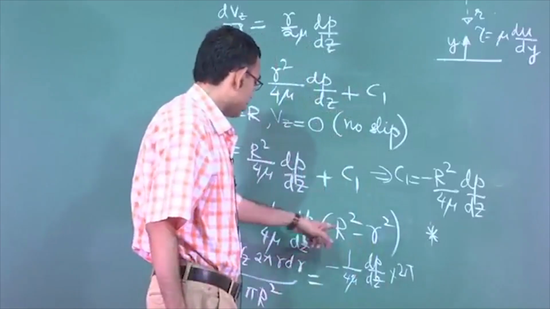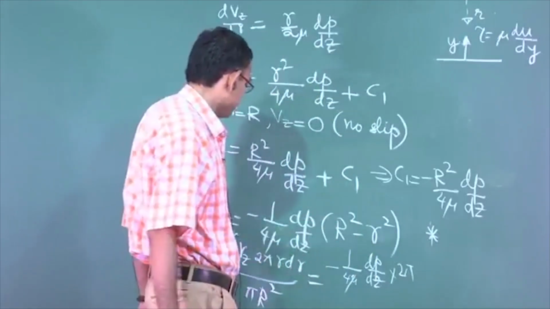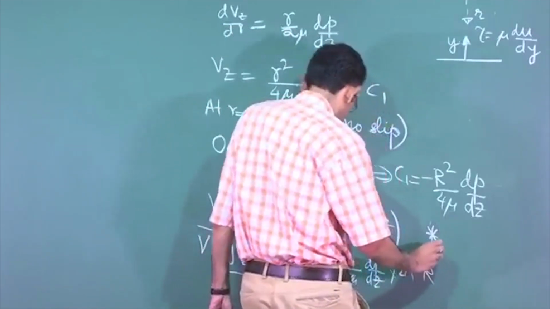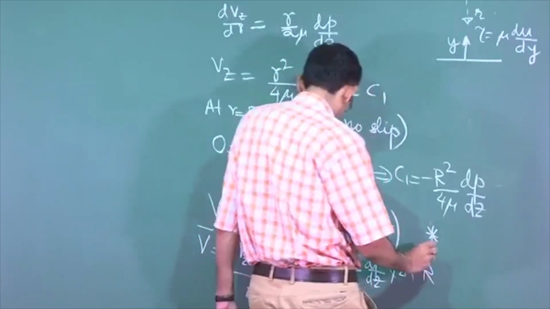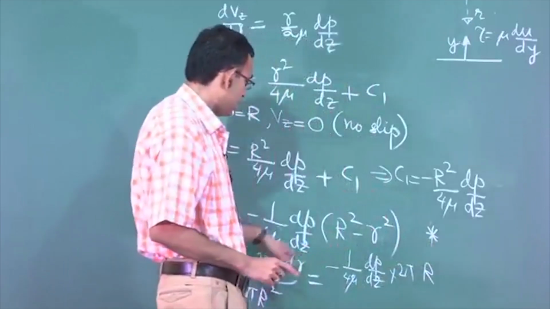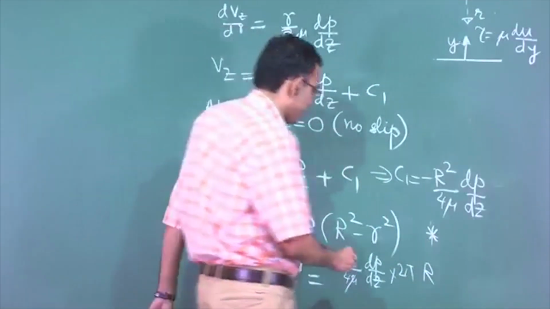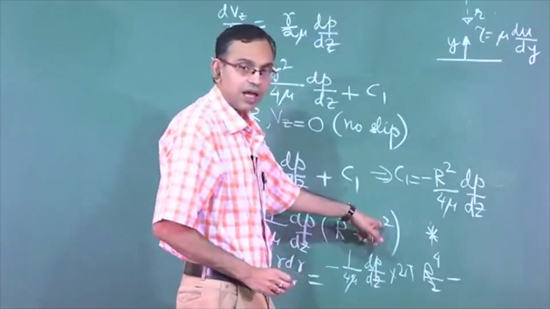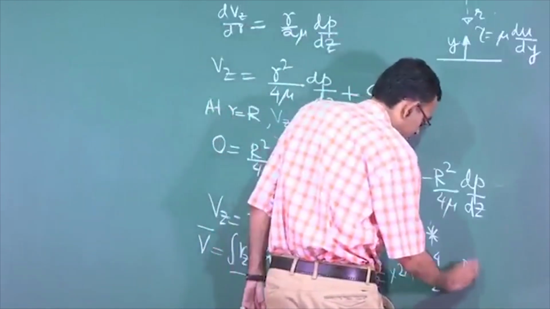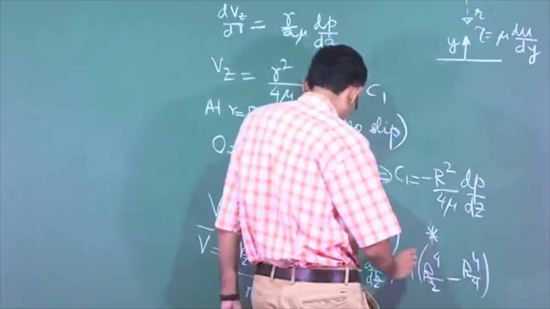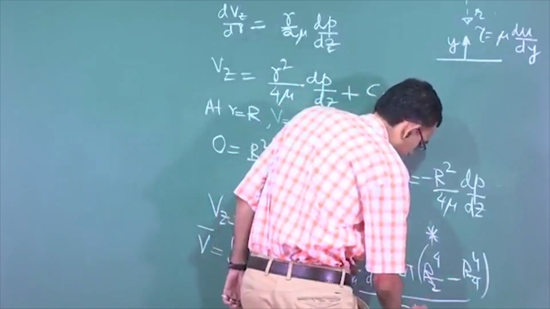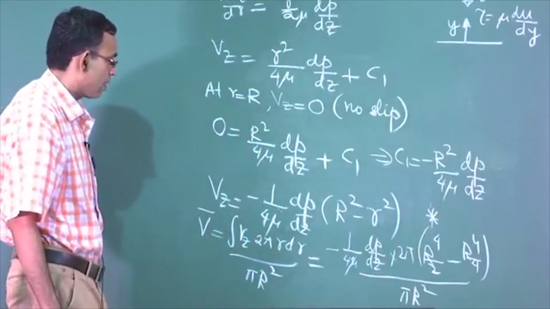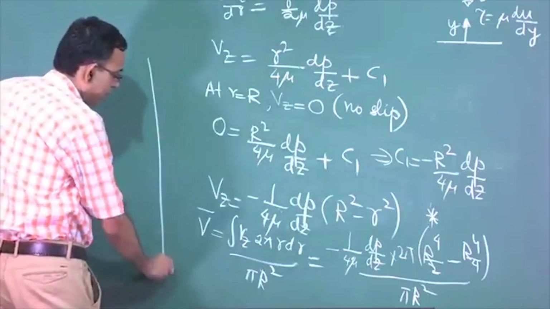so this r square into r dr is, so r cube, so this becomes r dr, that is r square by 2. So, this becomes r 4 by 2 minus this is r cube dr, that is r 4 by 4. So, let us work it out here.